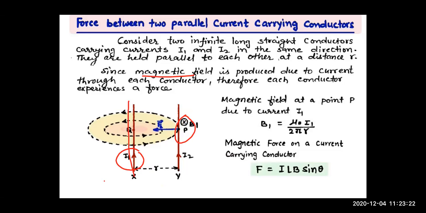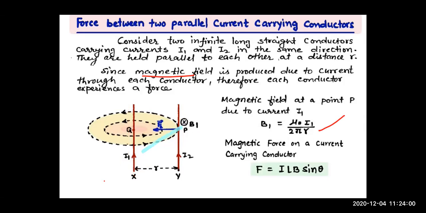So due to this current in wire X, that is I1, magnetic field will be produced at point P. इसकी वजह से magnetic field वहां पे induce होगी, produce होगी. And how much would it be? It would be B1 equals mu 0 I upon 2 pi R. We are familiar with this formula, right? This is the magnetic field at point P due to the wire X carrying current I1, right?